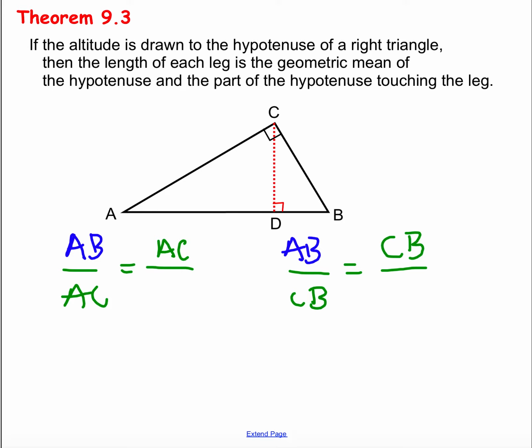So if you just remember from our last slide, we are now splitting the original hypotenuse into two parts, AD and DB. So whichever part of the hypotenuse is touching the leg that we're talking about, that's going to be the other part of this proportion. So for AC, what part of the hypotenuse is touching AC? Well, clearly it is AD.